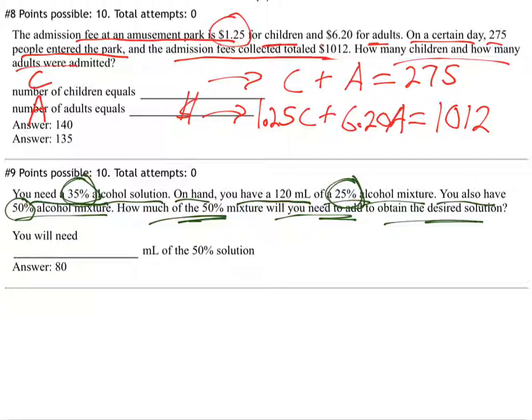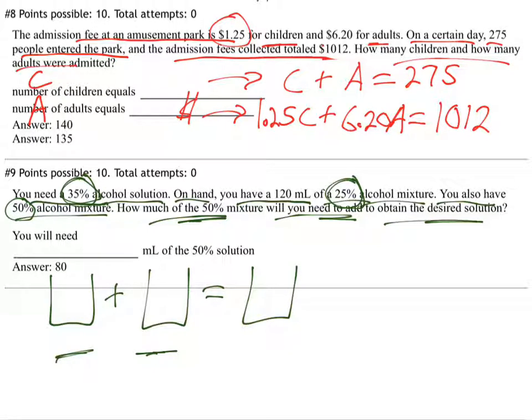So how do we do mixture problems? Well, I'm just going to do the standard way here. I'll write some beakers, 3 beakers. So the first 2 beakers add up to equal the third beaker, the final product. So then you put the percentages on the bottom. I'll make them decimals. Oh, no, wait a minute, hold on. The 35 is our goal, isn't it? So that's over here.